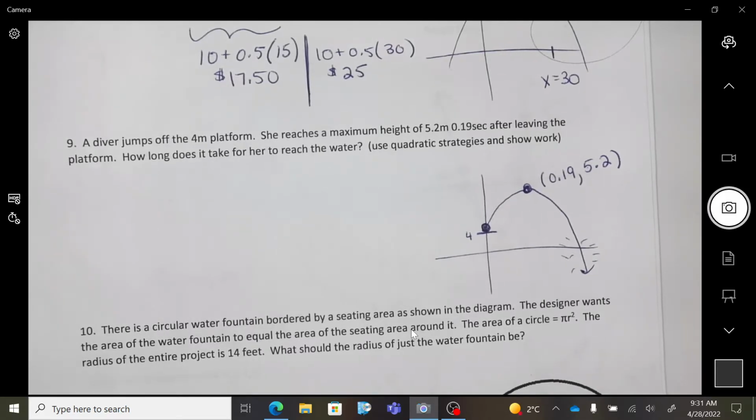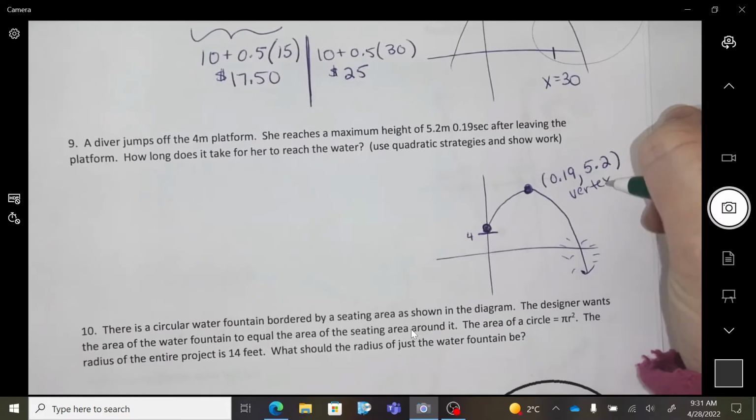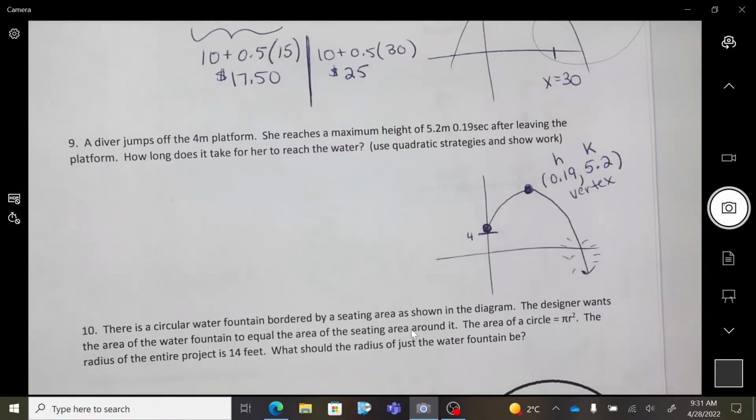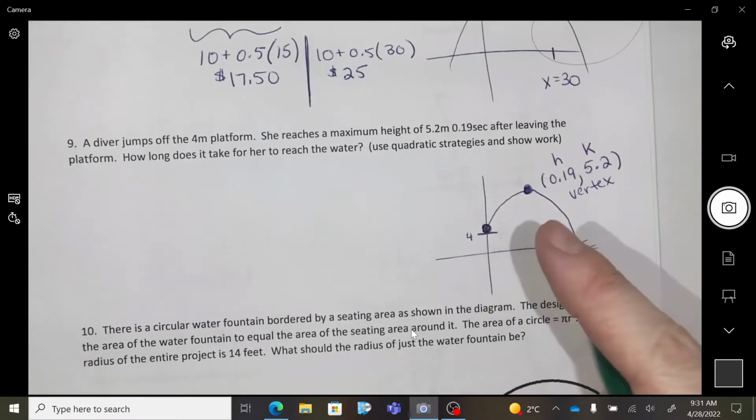Okay, so now this is the vertex. So that will tell me an H and a K. This is a Y coordinate, a Y-intercept.